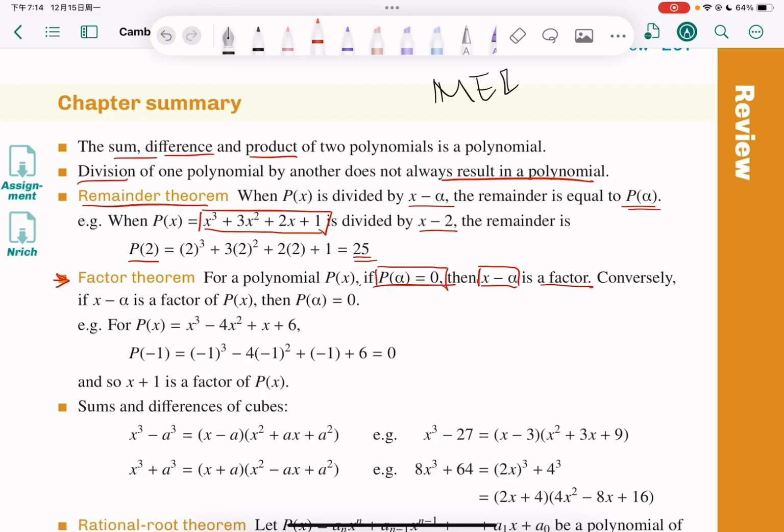And that means this thing you divided by is a factor. So if you factorize the p(x), you should get x minus alpha times another polynomial. Let's say small p(x).